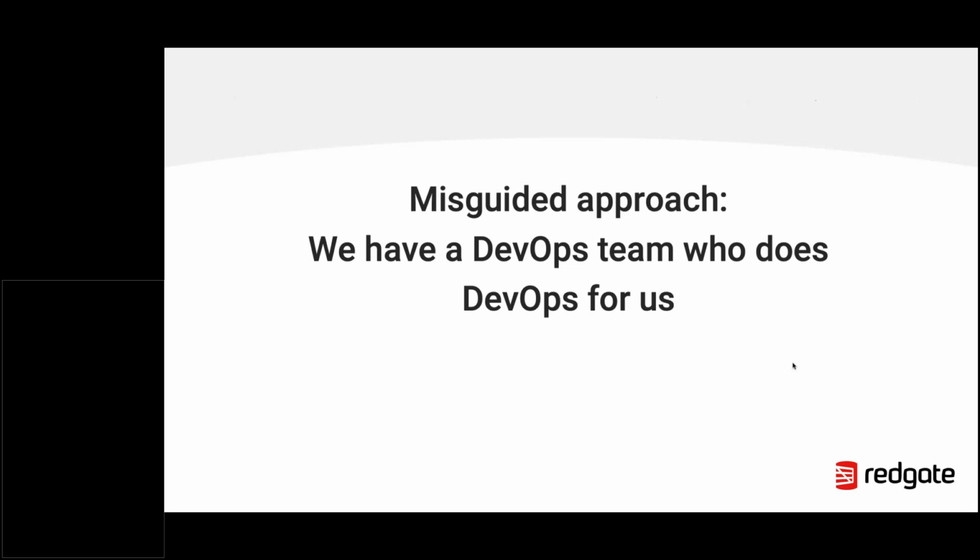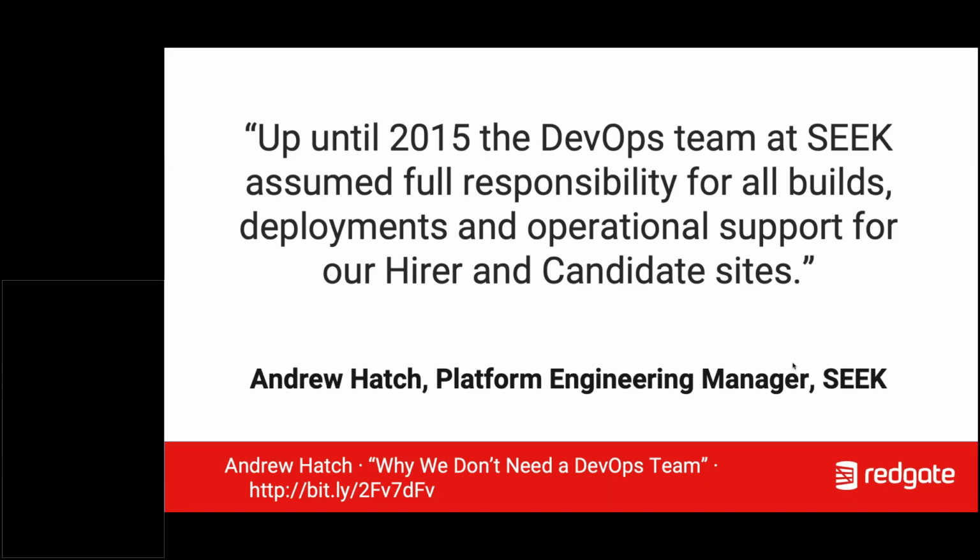DevOps is definitely a grassroots style of approach more than a hierarchical style of approach. And one good example of this is the Sica Company. This is from a great post on Medium by Andrew Hatch, where he explained why we don't need a DevOps team.